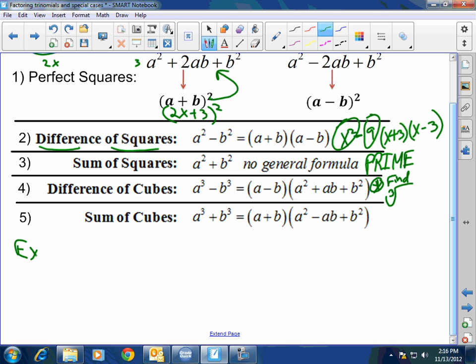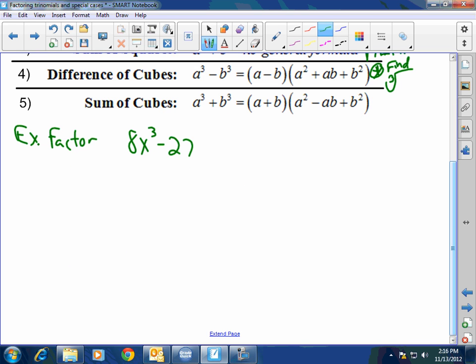For example, if I tell you to factor 8x cubed minus 27. First things first, guys, you have to recognize that this is a perfect cube and this is a perfect cube.